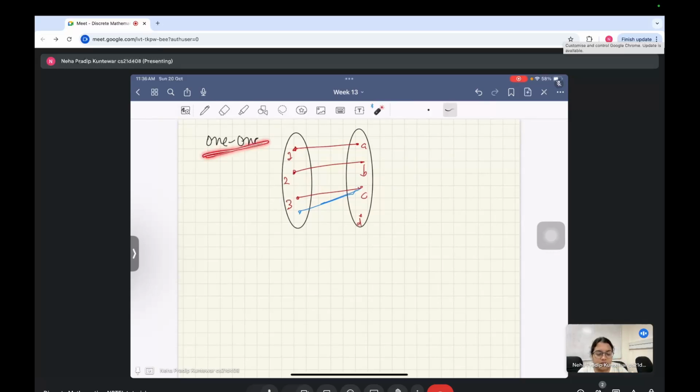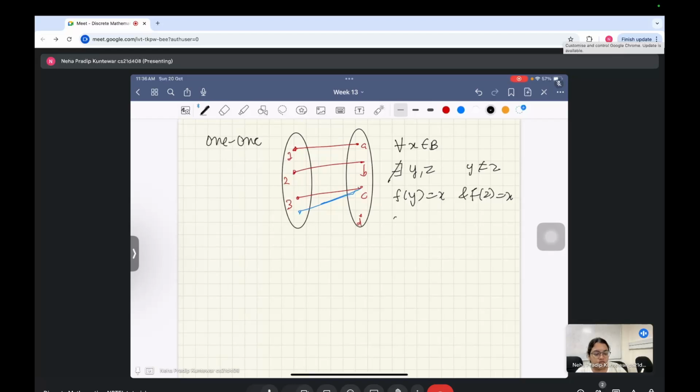So what one-to-one says is, if I look at some element in the set B here, I should have at most one pre-image. I should not have more than one pre-image. So if I have to write it formally, what I'll say is, for all x in the set B, there cannot exist y not equal to z, such that f of y is also x and f of z is also x. This should not happen.